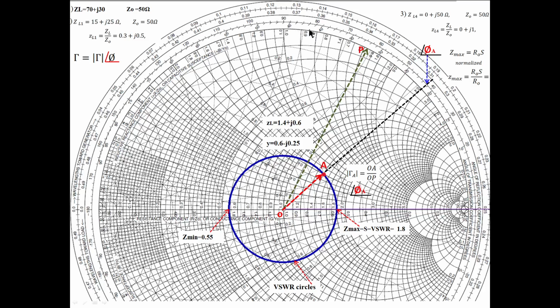This is the R equal to 0 circle here. From the center of the Smith chart, simply draw a line to the R equal to 0 circle.